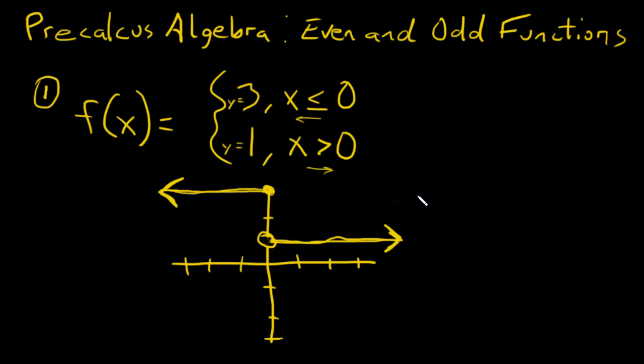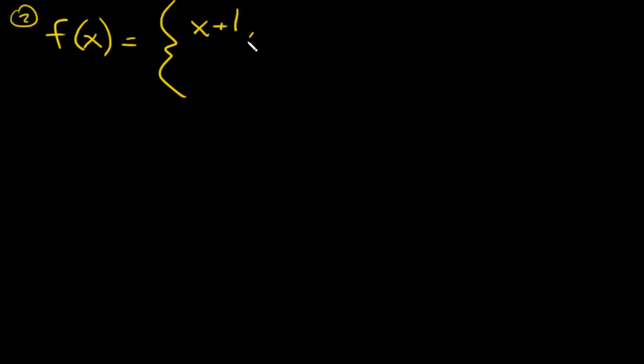Okay, and so I'm going to move to the next one now. Let me go ahead and clear the screen. And the next one, number 2, was f of x is equal to x plus 1 when x is less than or equal to 1, and negative x plus 1 when x is greater than 1.